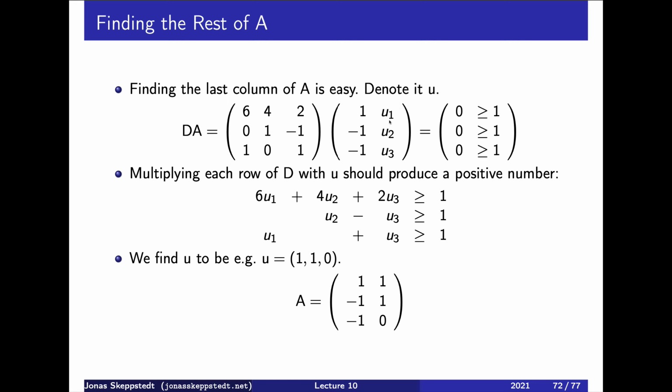The criterion is that they should all be greater than or equal to 1. We can solve this easily and select, for instance, the smallest number that satisfies this, and then we will get this.